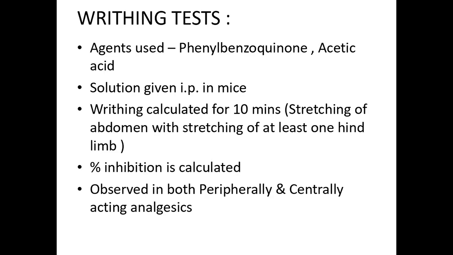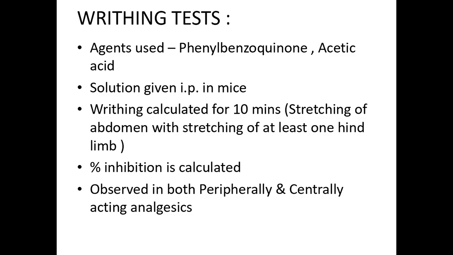So coming to chemical method, first is writhing test. In writhing test, the agent used is phenyl benzoquinone or acetic acid, and the solution is given intraperitoneally in mice, that is IP route, and the writhing is calculated for 10 minutes.